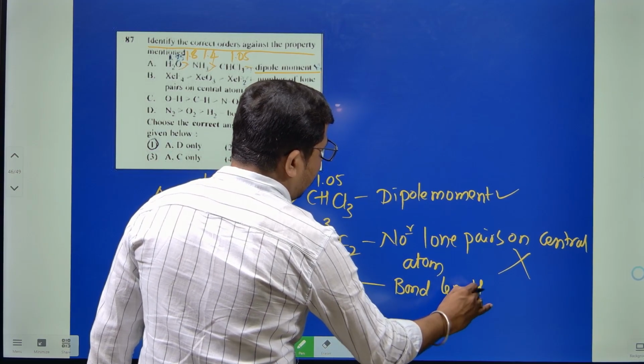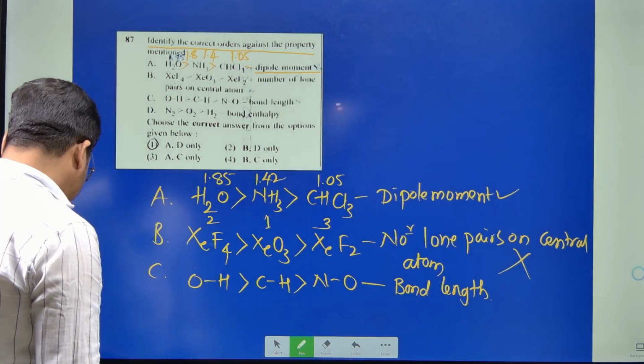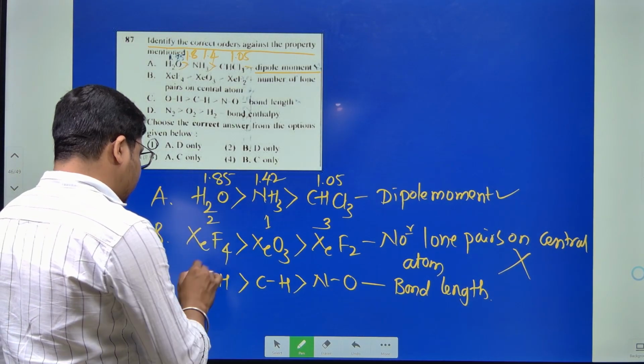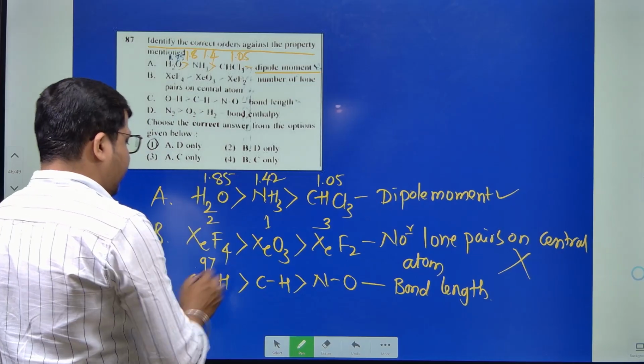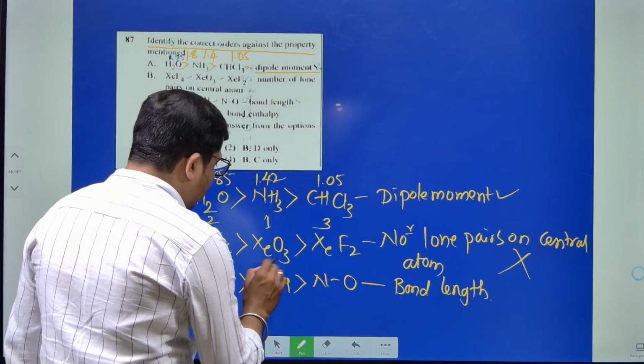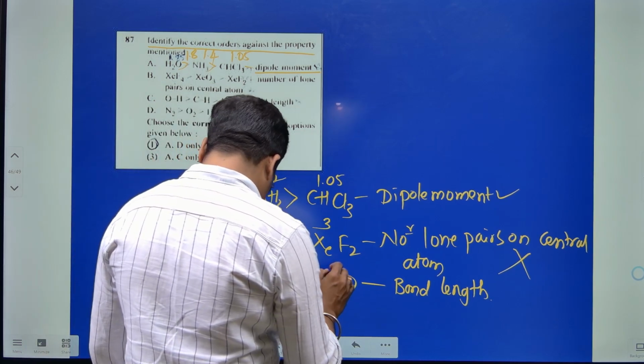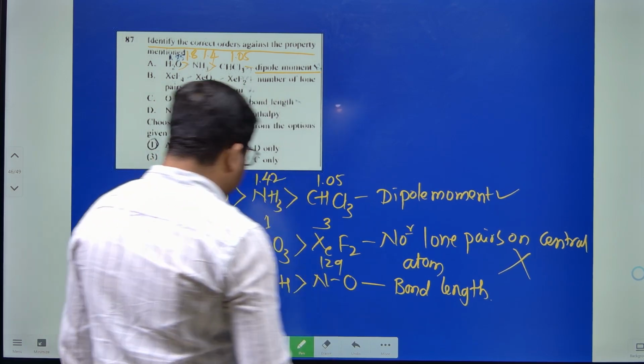This also does not follow the order, because the bond length of oxygen and hydrogen is 97, this one is around 109, and this one is around 129.